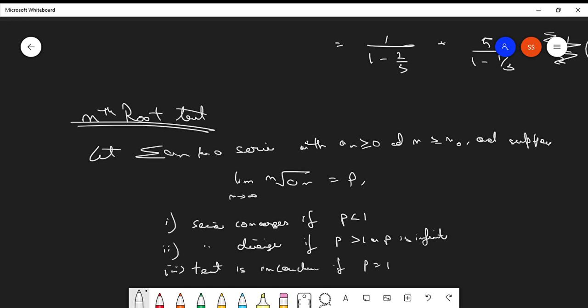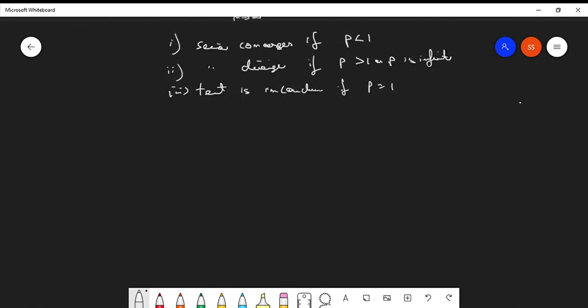So the statements are kind of the same as those of the ratio test, and I'm telling you why. If I just give you a hint of the proof of this particular root test, then you will automatically understand. See, if the nth root of a_n tends to p, where p is less than 1, we choose epsilon greater than 0 such that p plus epsilon is less than 1.